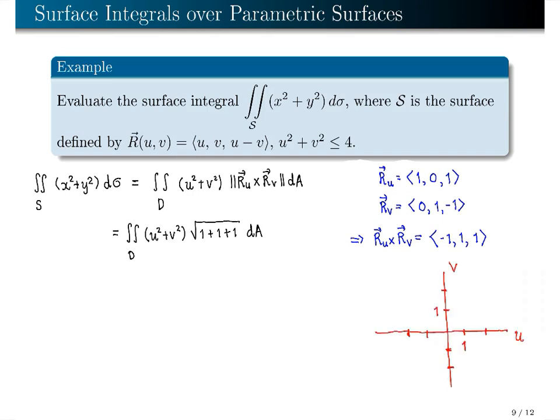Note that region D is a set of points in the uv plane that satisfy the inequality u squared plus v squared is less than or equal to 4. The graph of the equation u squared plus v squared equals 4 is the circle in the uv plane with center at the origin and radius 2.